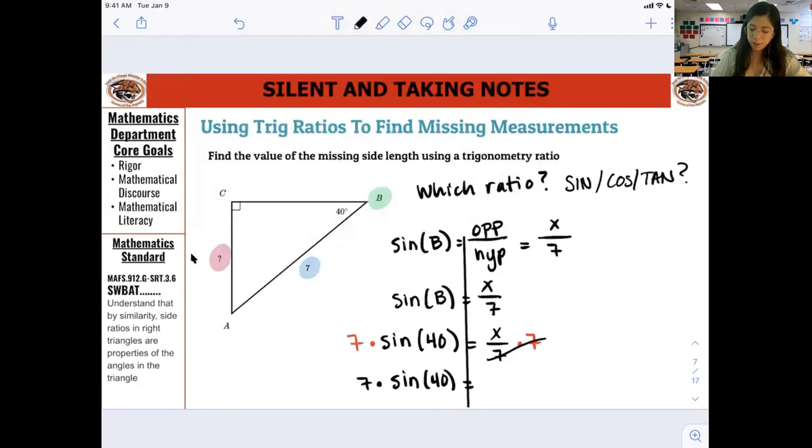In your calculator, plug it in. What is the sine of 40? Get an answer, multiply it by 7. So you should get 4.4999 something, something, something, so it rounds up to 4.5.